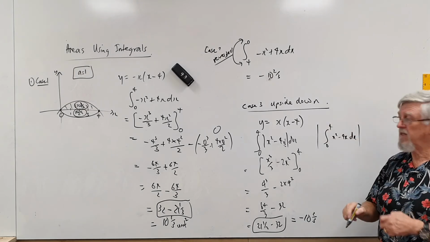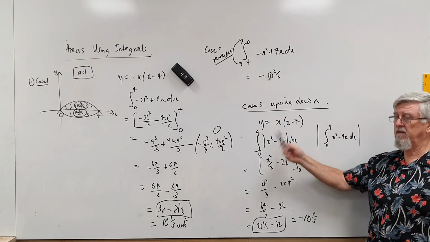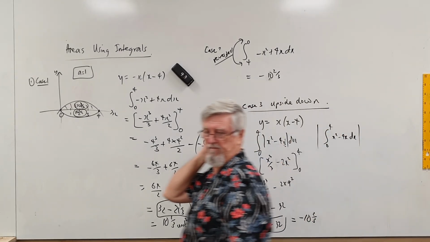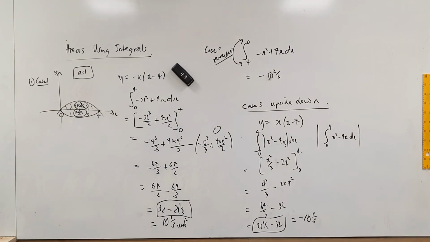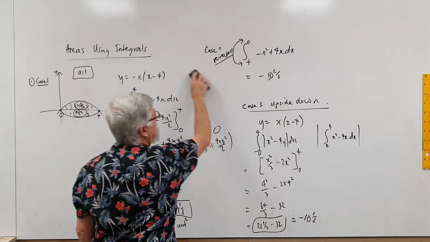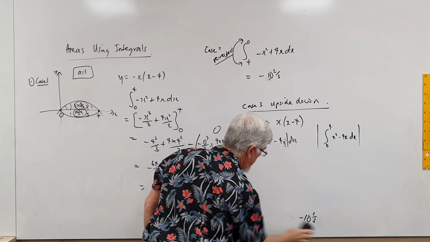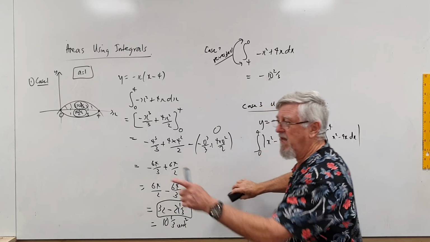So can you grab your calculator for a second? Do it that way, get an answer. Do it this way, and get an answer. So the integral is the area.